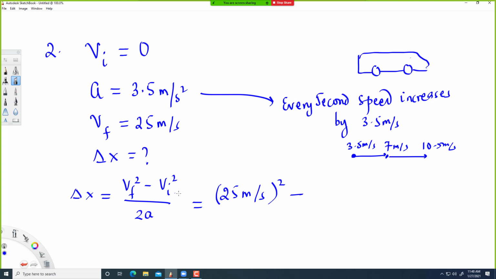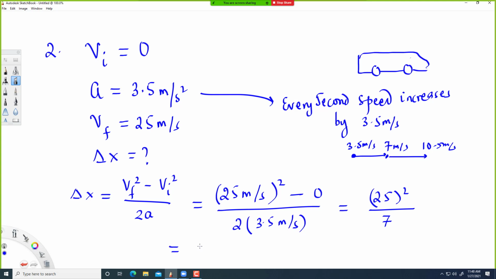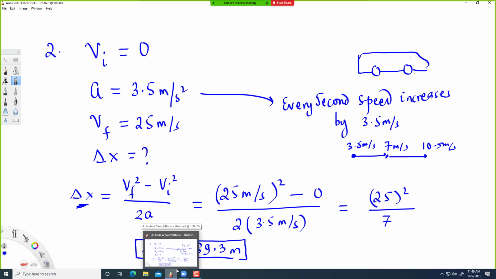V initial is 0. 2 times acceleration, 3.5 meters per second squared. So 25 squared over 7 gives us 89.3. The unit of displacement is meters. We need to use meter. So that's number 2.